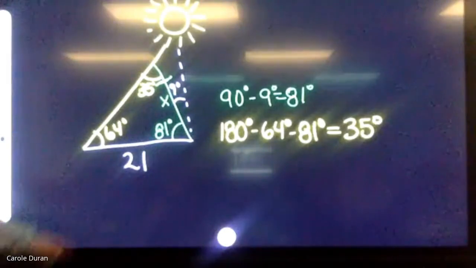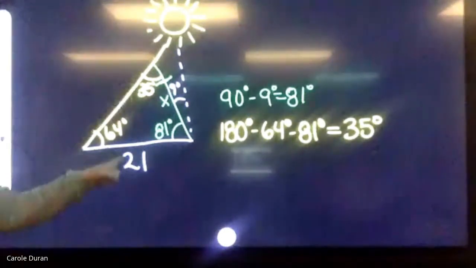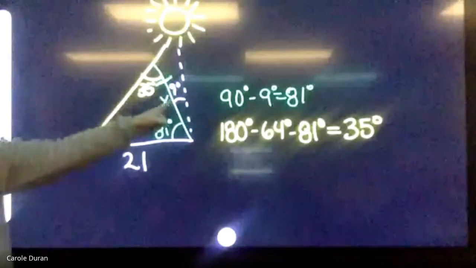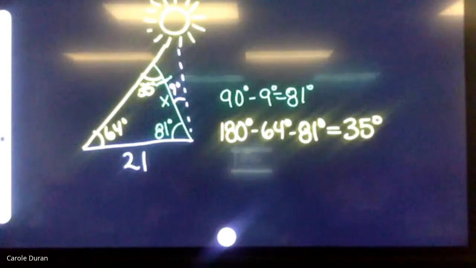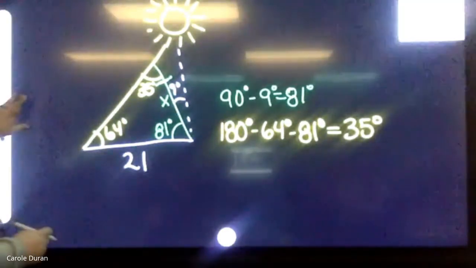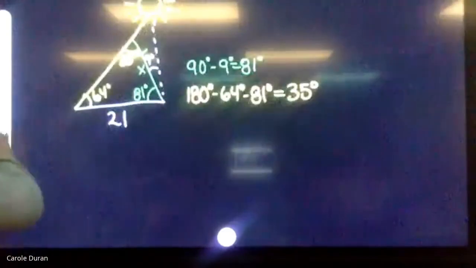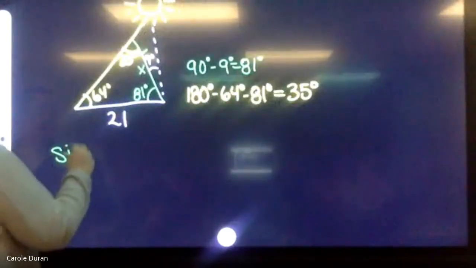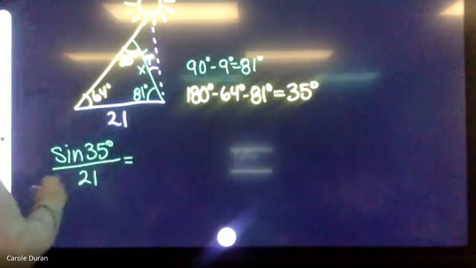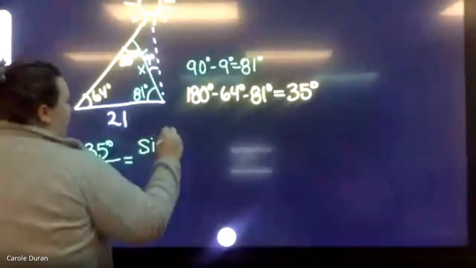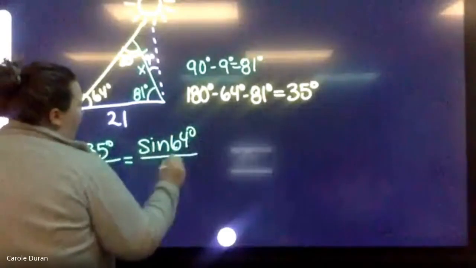I also have one complete angle-side pair, and I have my unknown and its angle pair. So that means I can set up my law of sines ratios and work backwards to solve for my missing piece. So starting with my complete pair, I have sine of 35 degrees over 21 is equal to sine of 64 over x.